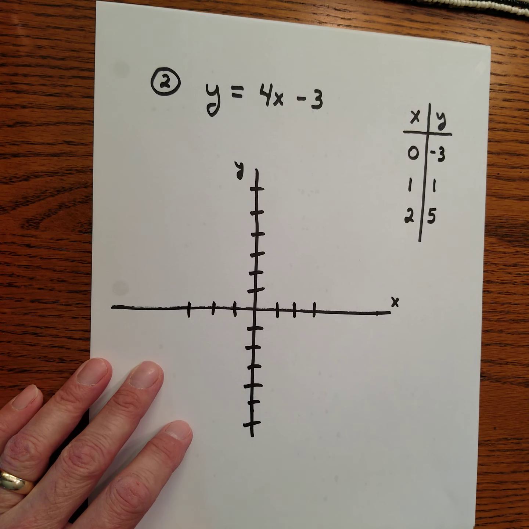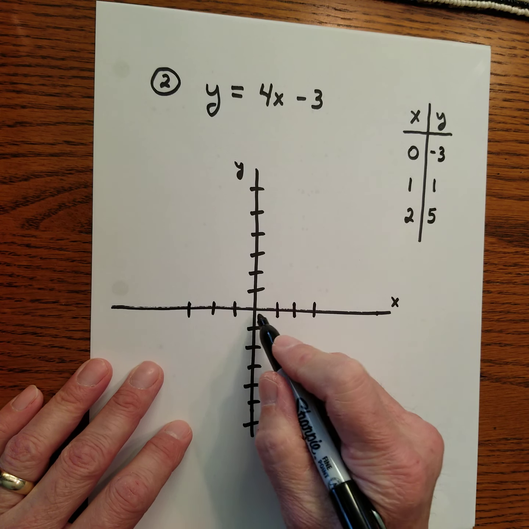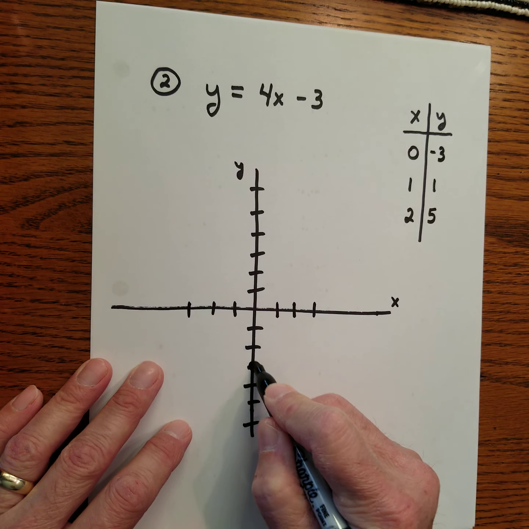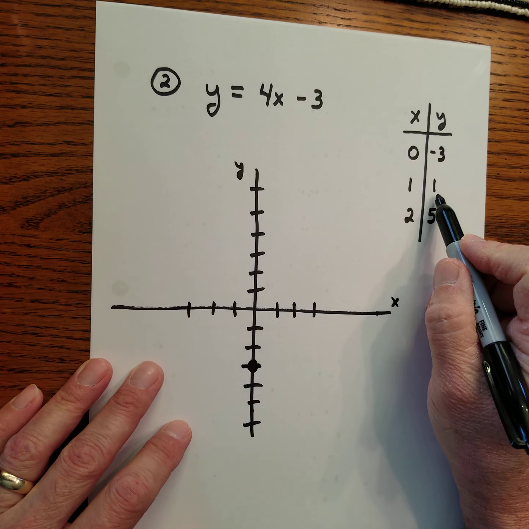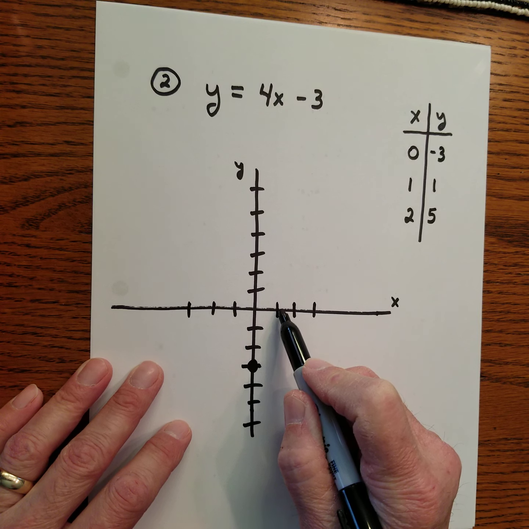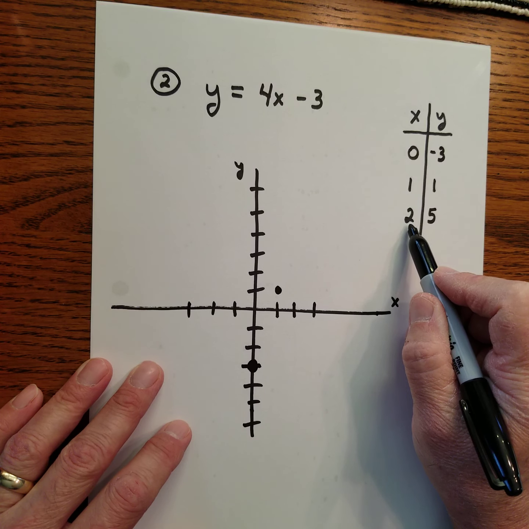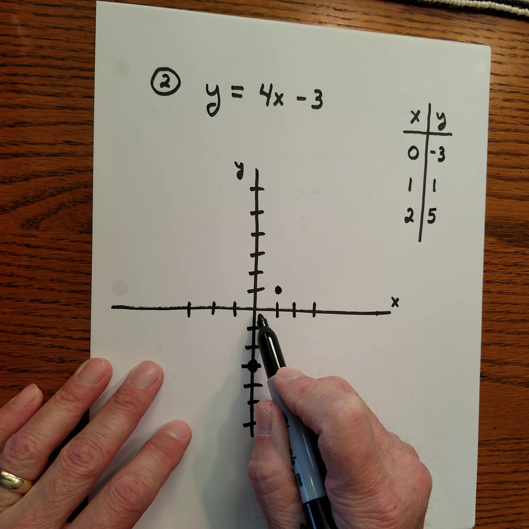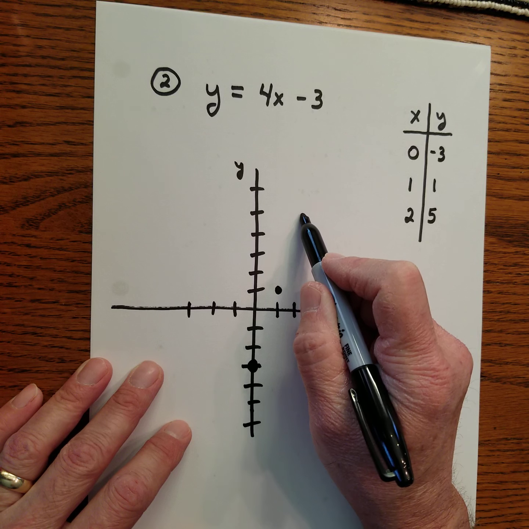Let's plot those points. 0 left and right, 3 down. 1, 2, 3. 1 right, 1 up. 2 right, 5 up. 2 right, 1, 2, 3, 4, 5 up.